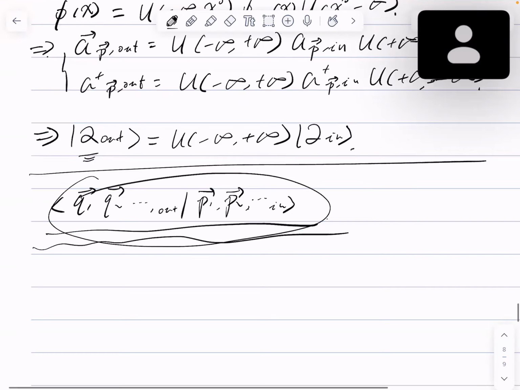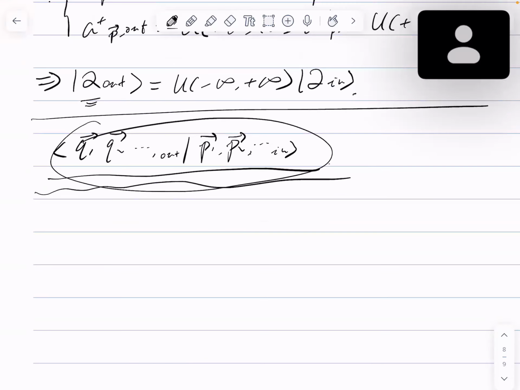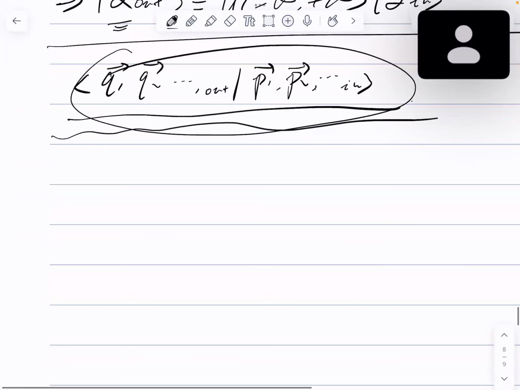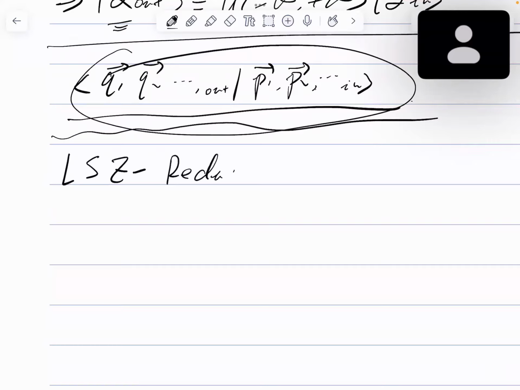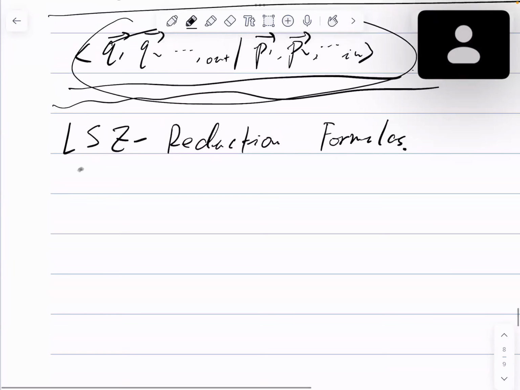Okay, so the next question is how can we compute it? I think it's a very important formula we must introduce, which is the LSZ reduction formula. First, we consider the most simple case, for one particle, Q out, Q in, and P in.